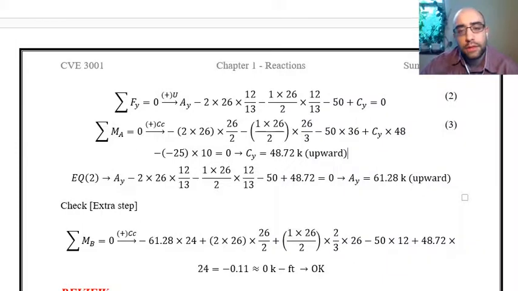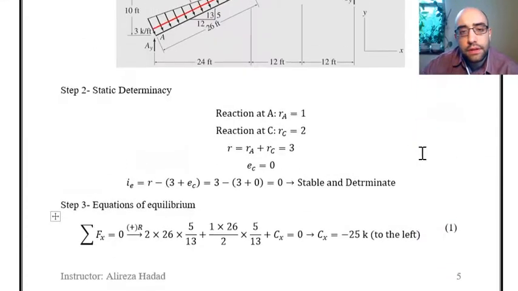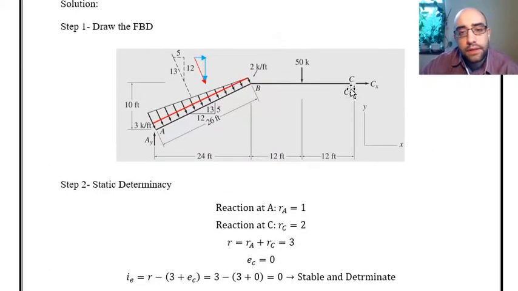We could calculate the moment because of this reaction at point C. As you can see, Cy is located at point C and the direction is upward in the free body diagram that we drew over here at first.